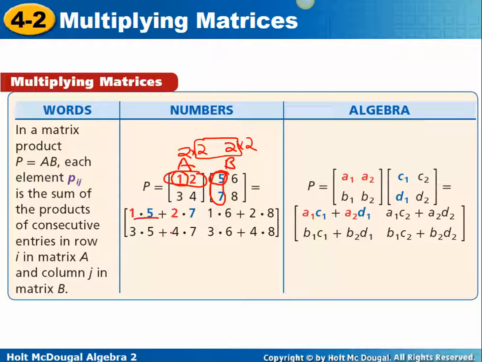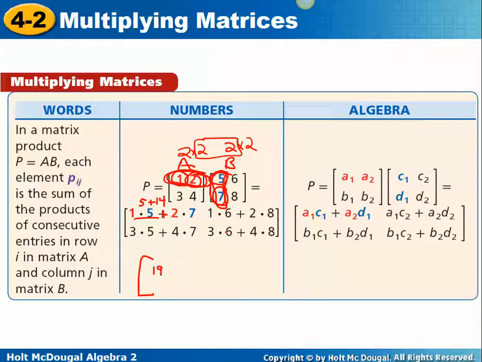That will be part of your first entry. Then we add to that the second number in the first row times the second number in the first column, so 2 times 7. We're doing everything in this row multiplied by everything in this column, and then we add those two numbers together. So 1 times 5 is 5, plus 2 times 7 is 14. So our first entry will be 19.